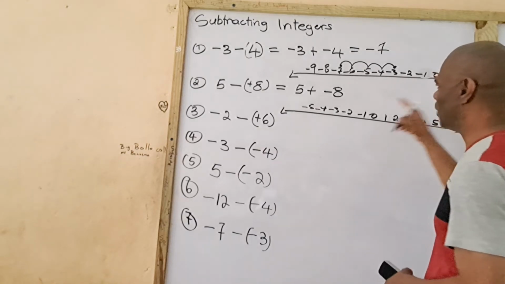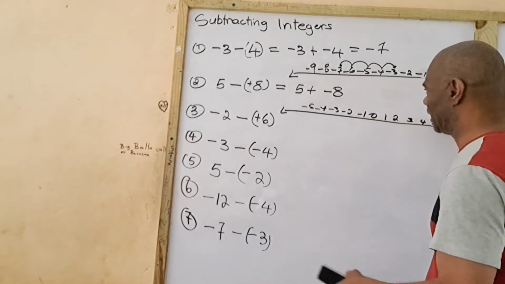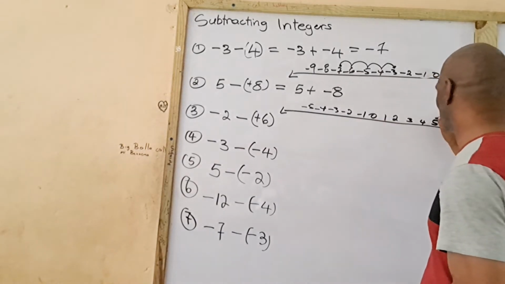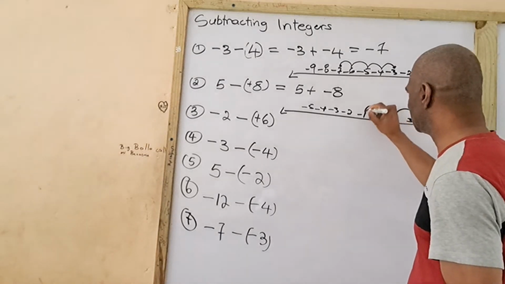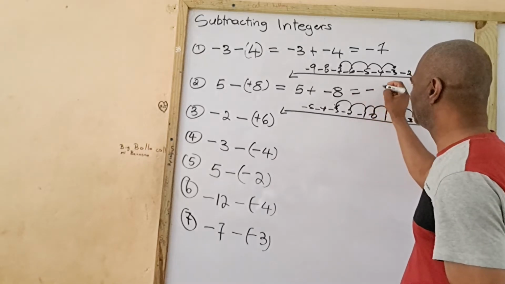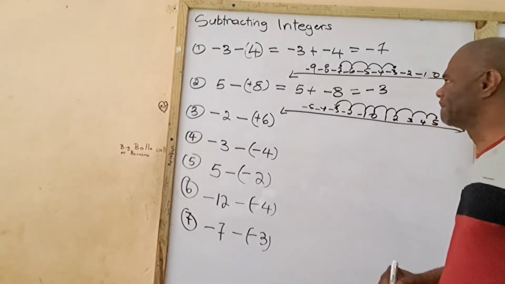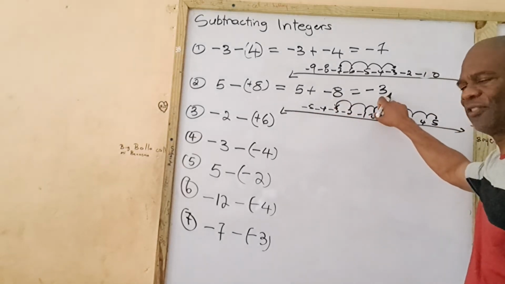We are going to move 8 places to the left, because we are adding negative 8. So we go 1, 2, 3, 4, 5, 6, 7, 8, and that takes us to negative 3. So 5 plus negative 8 gives us negative 3.